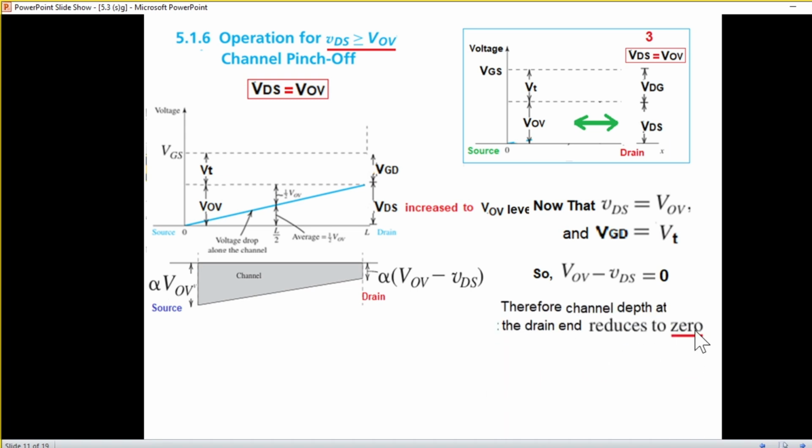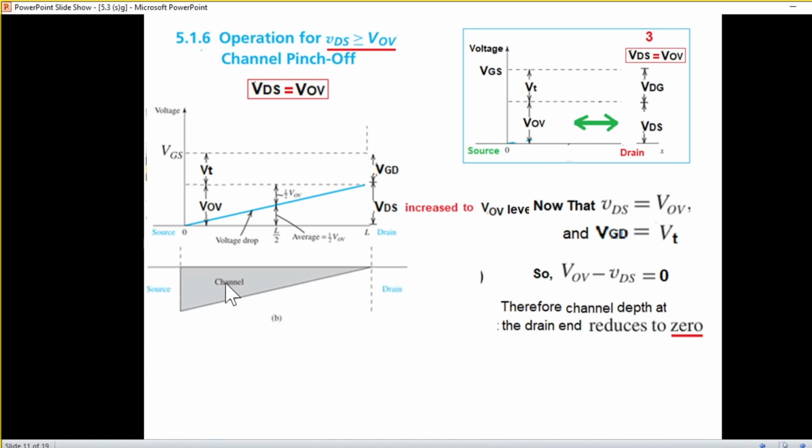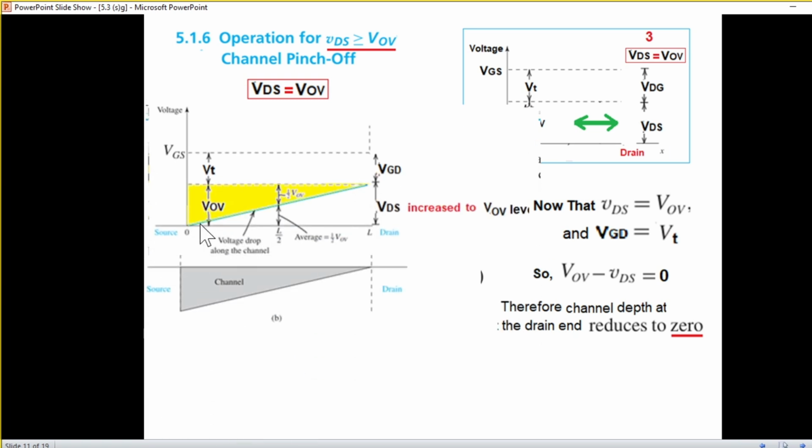So the channel depth at the drain end reduces to 0. So this will become our channel depth diagram. And as I was saying, we can also conclude from the available voltage here, mark it yellow, it is the same shape, proportional to the available voltage. So this was the third condition.